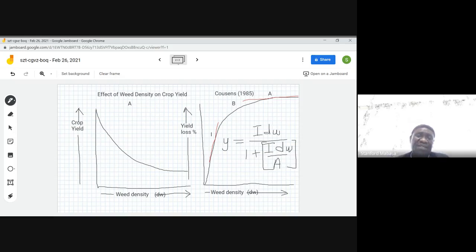So Cousins could express the equation which estimates yield loss like this.